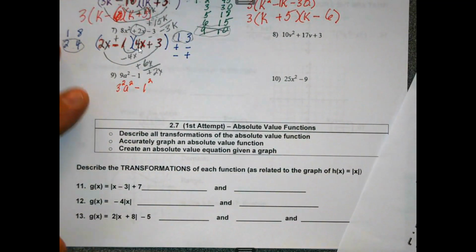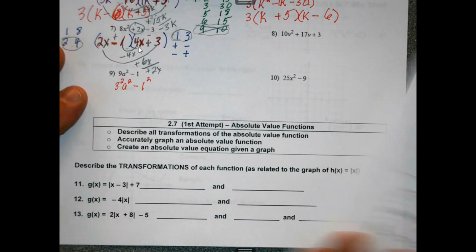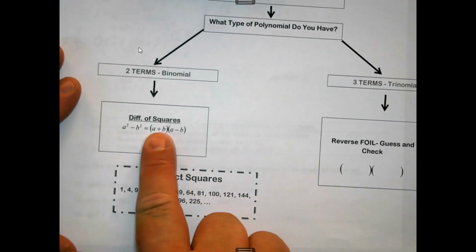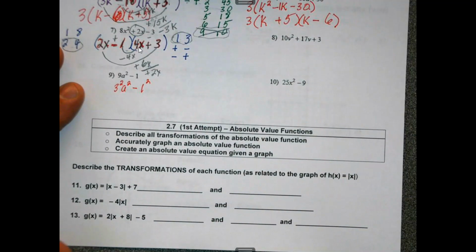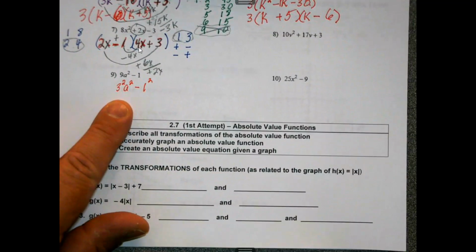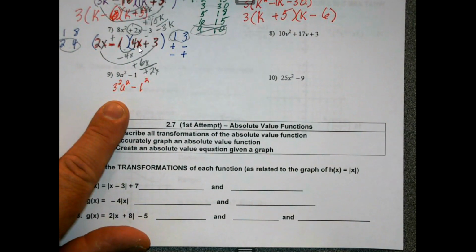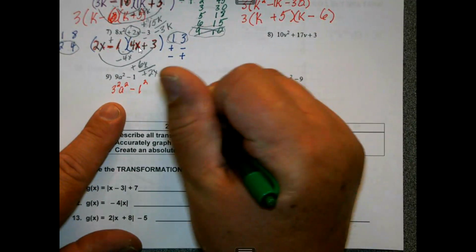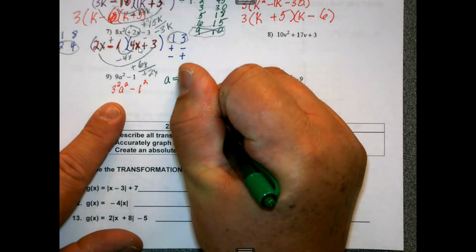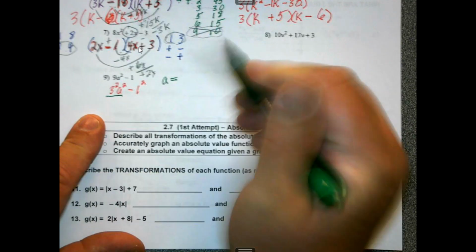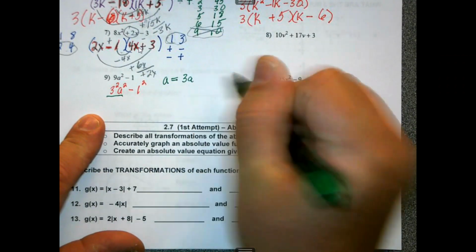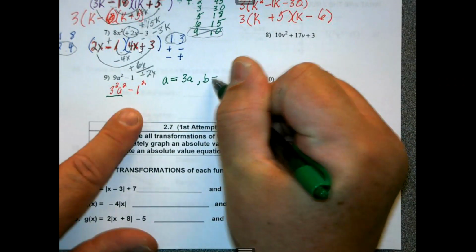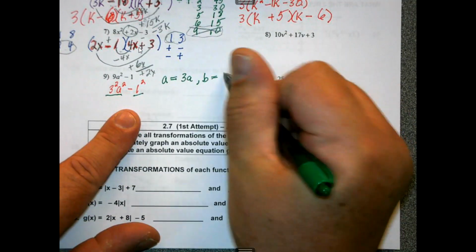Now, my a and b, because I'm going to have to put it in the formula, and it's going to be a little confusing because I use the variable a here. My a is going to be the base 3a. My b is going to be the base 1.